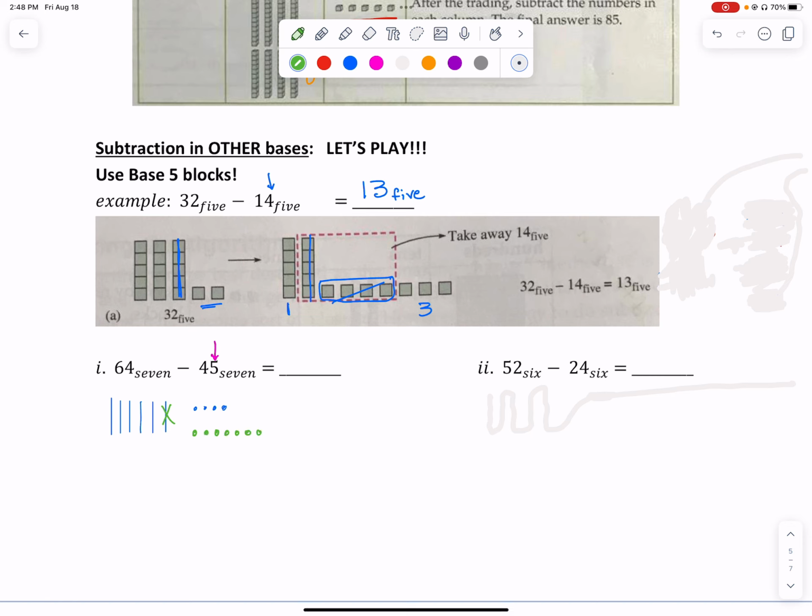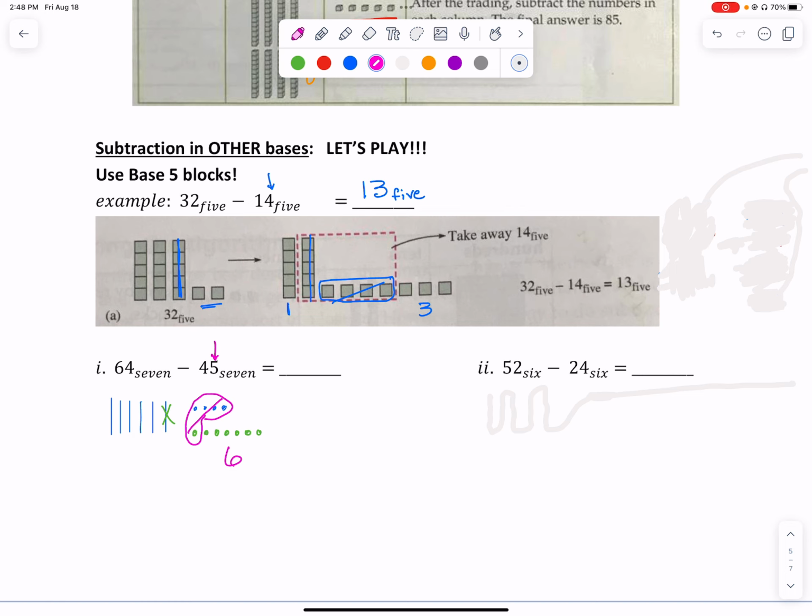Okay, so I have 7 units. And so now I can take away 5 because I have 5 to take away. So let's take away these 5. And how many do I have left? 1, 2, 3, 4, 5, 6. I've got 6 blocks left.